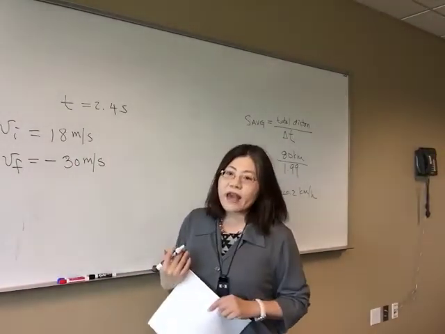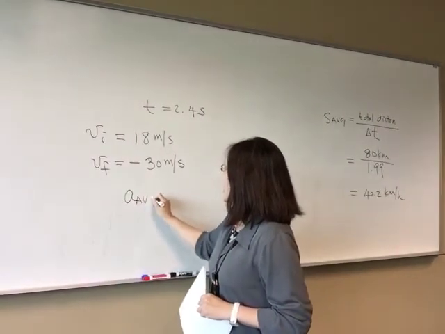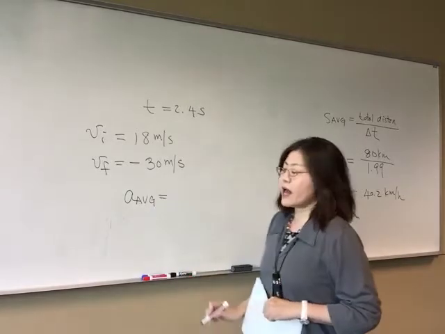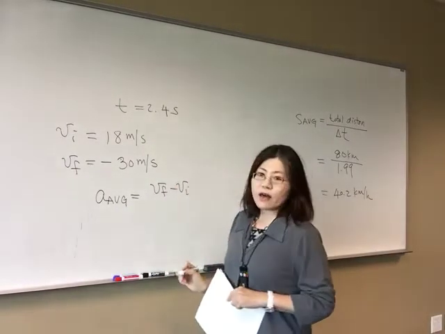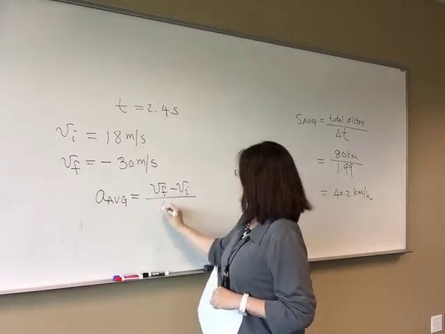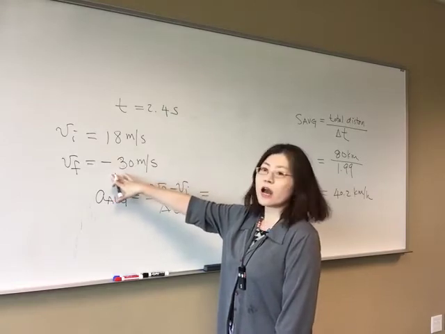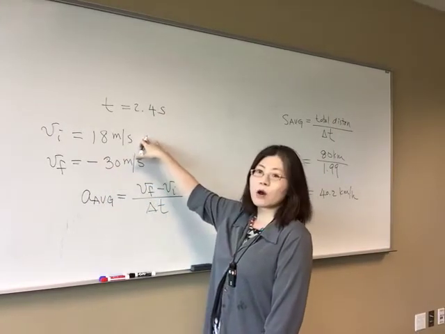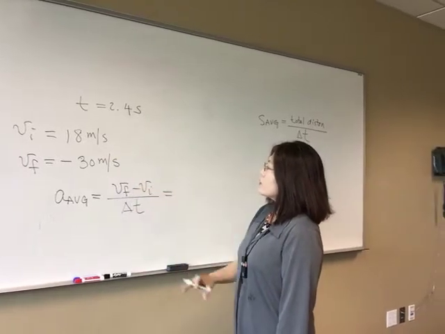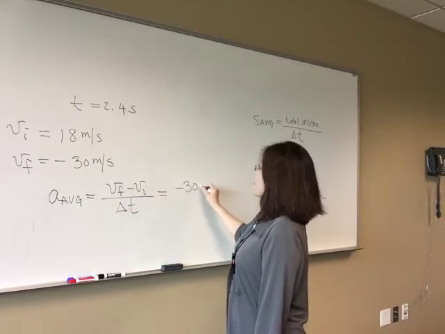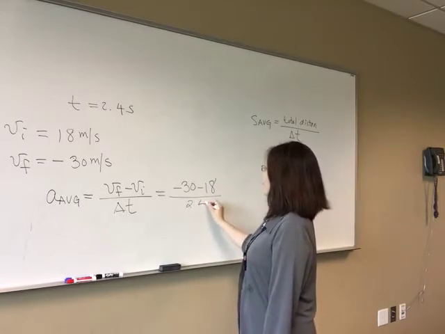And you'll also find the average acceleration. So again, by definition, the average acceleration is VF minus VI, or delta V over delta T. Okay, so now because we have our initial speed and our final speed, we can just directly plug the numbers into this equation. So you have negative 30 minus 18, and then over the time, which is 2.4 seconds.